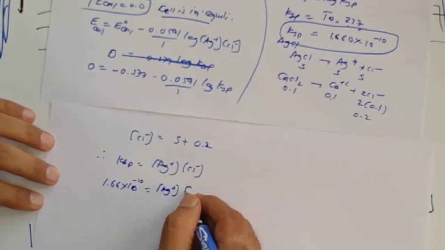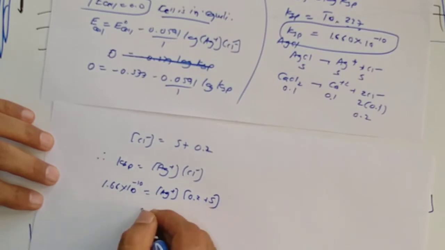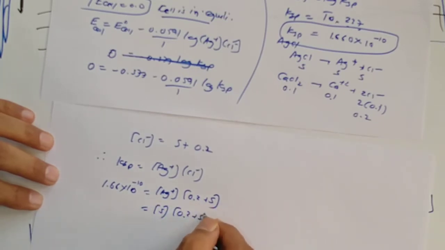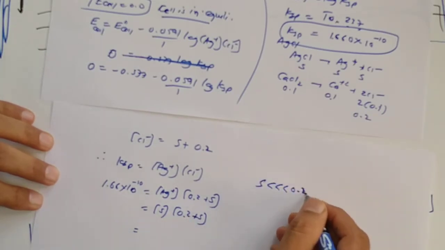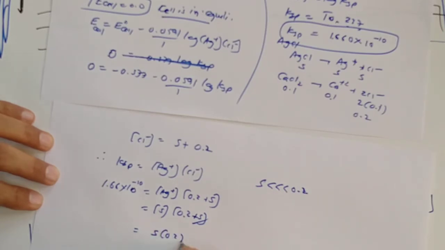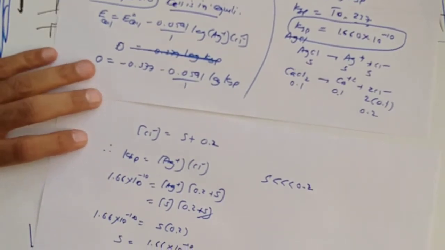Ag plus is S, and chloride is 0.2 plus S. S is very small compared to 0.2, so S is negligible. So S is 1.66 into 10 raised to minus 10 divided by 0.2, so 8.3 into 10 raised to minus 10 is the solubility of AgCl in calcium chloride. Understood?